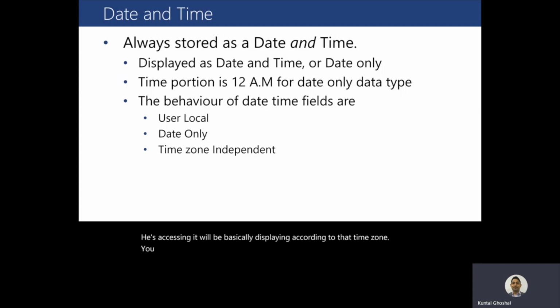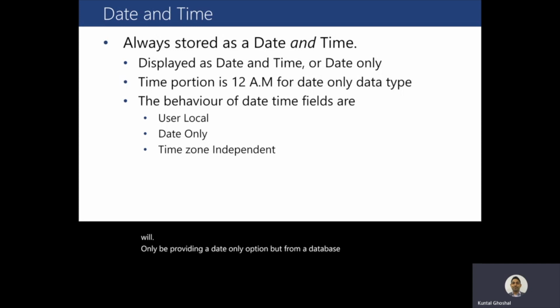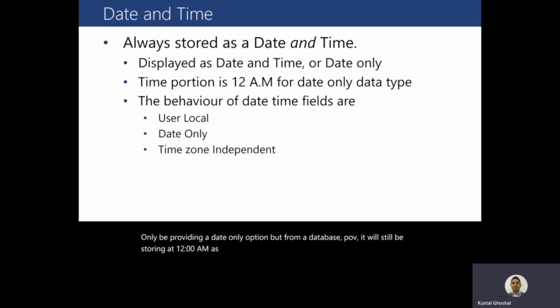You can also choose date only. In that case, from a user's point of view, it will only provide a date option, but from a database point of view, it will still be storing 12 a.m. as a time.